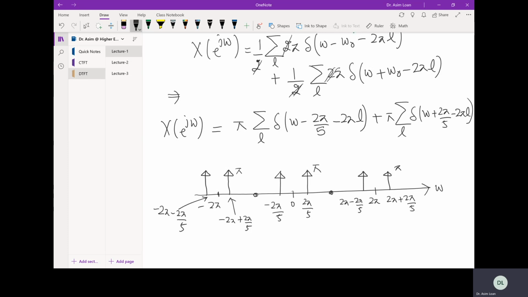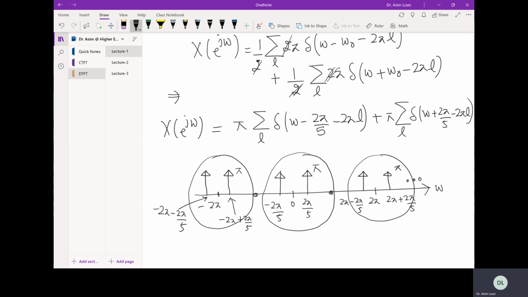For the continuous time Fourier transform we would only have the impulses near zero, but now these impulses are also periodically repeated at plus minus 2 pi and so on and so forth. This is X of e^{j omega}. Okay.